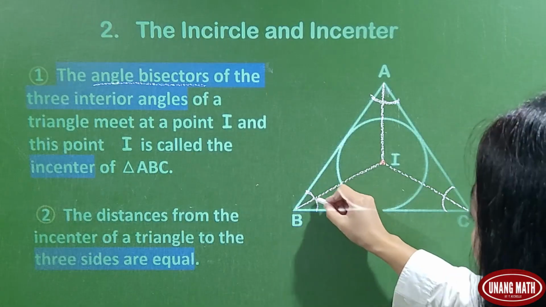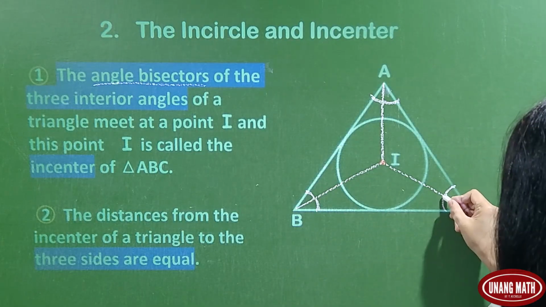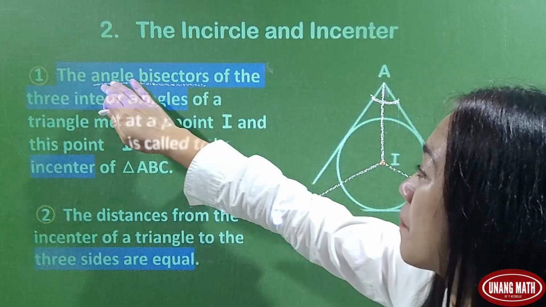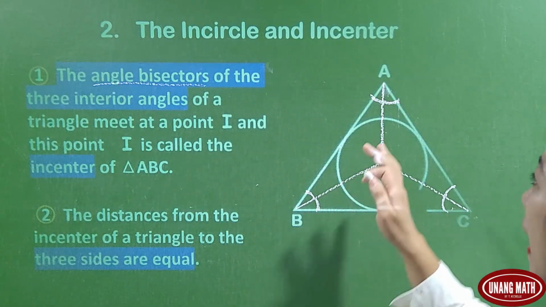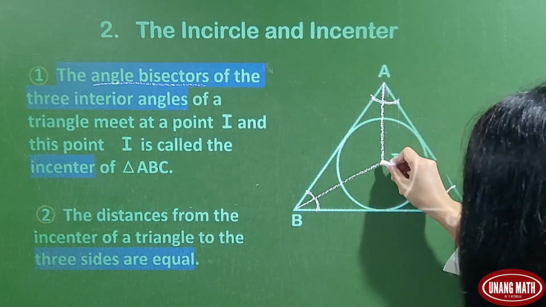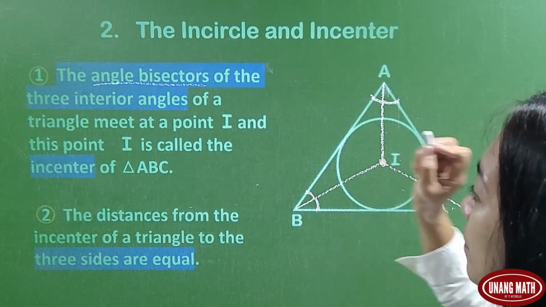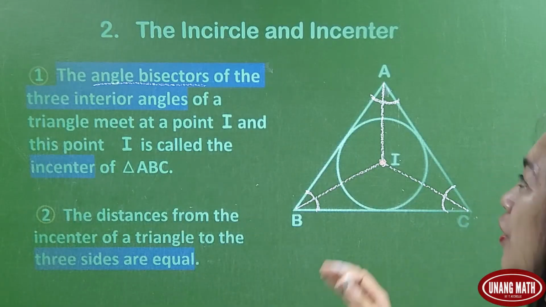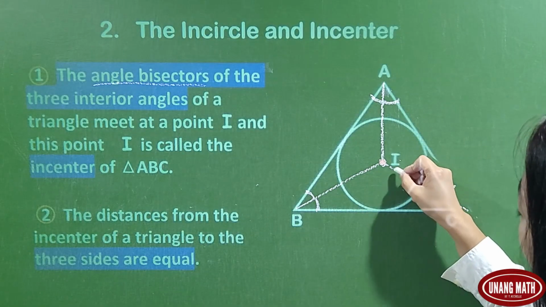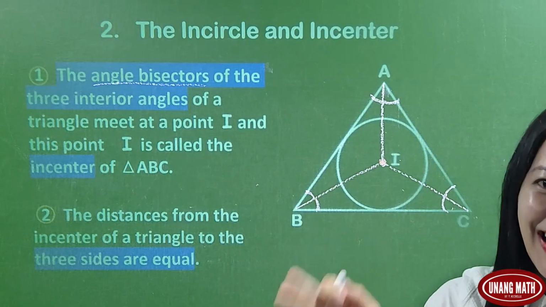It means this angle is equal to this angle is equal to this angle. So that is angle bisectors. And these angle bisectors meet at this point. So this point is our incenter. In this figure, point I is our incenter.